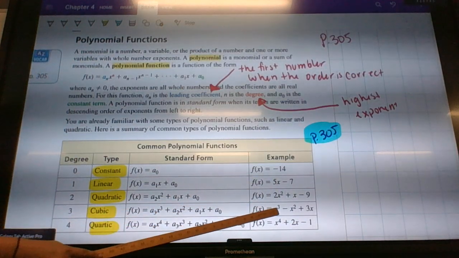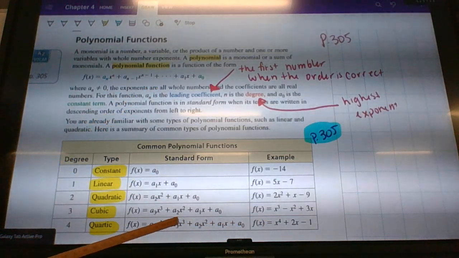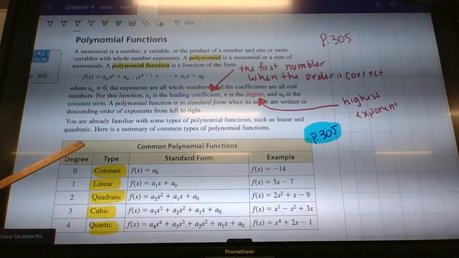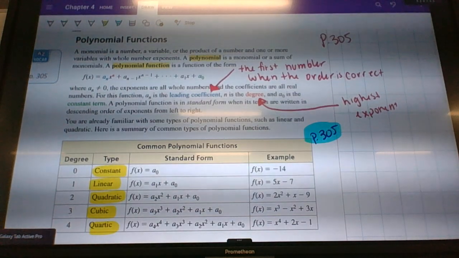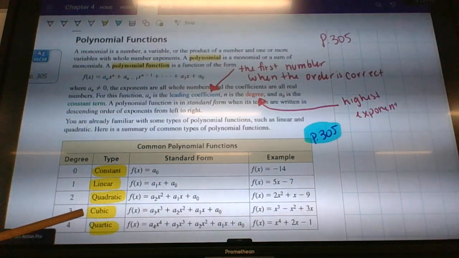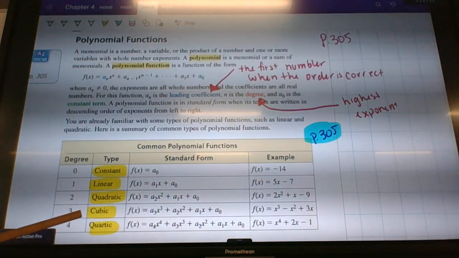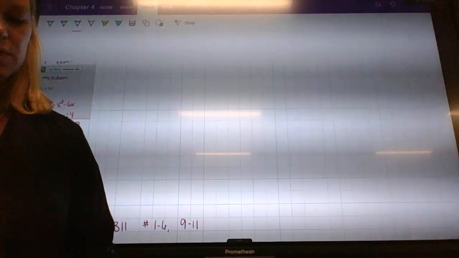Cubic has a power of 3, degree 3, and quartic has a power of 4, degree 4. I will say this word degree when we go to set up graphs. And graphing is confusing if you don't first start by identifying the degree and the leading coefficient. So that vocabulary is important. Here's some other rules that are important.